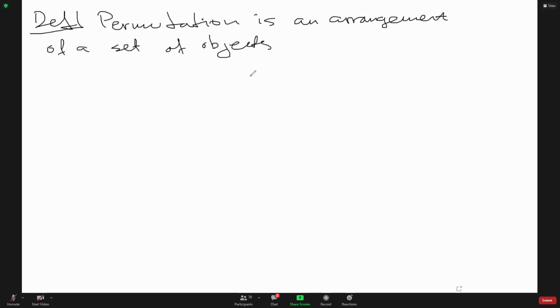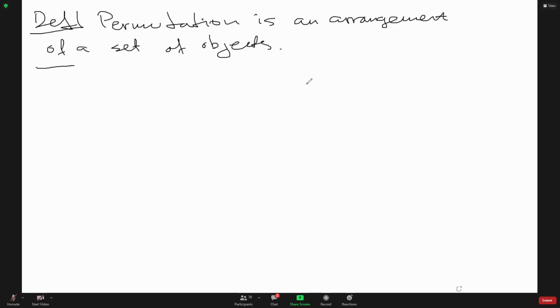So, for example, you have balls of different colors, and then you have different ways of arranging them, like red, green, blue, blue, red, green, etc. Is it clear what a permutation is? Yes, sir. So now the question is, how many permutations do we have?